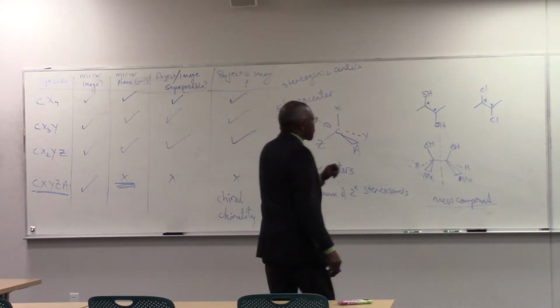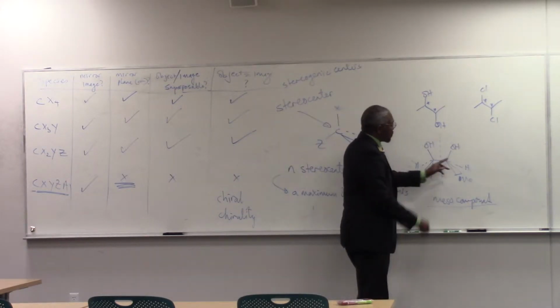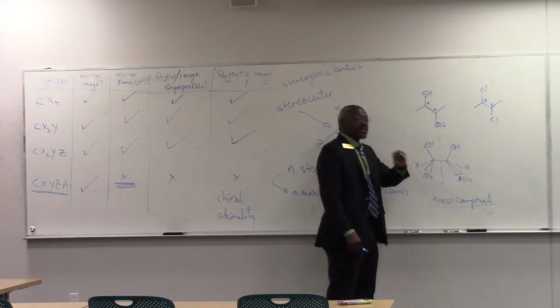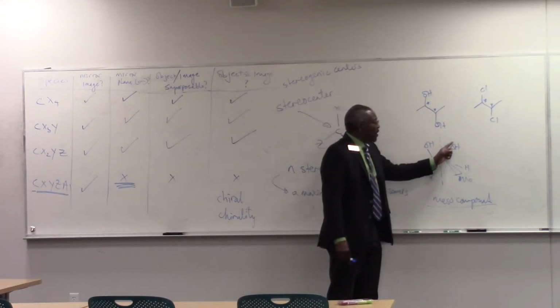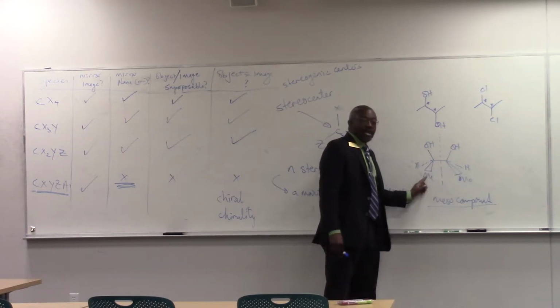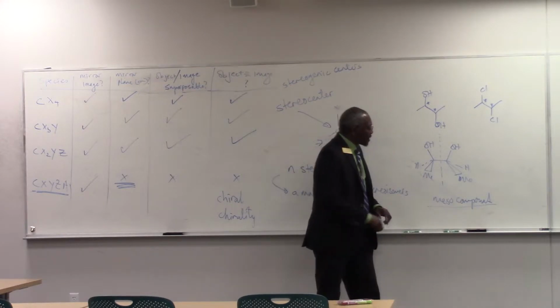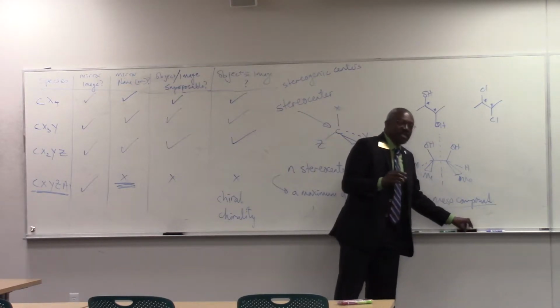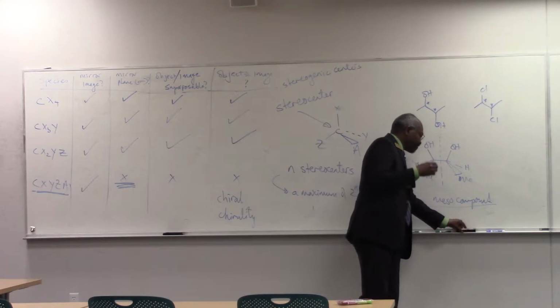And you notice I mentioned that the stereocenters in a meso compound are symmetrically substituted, right? OH, H, and methyl. But there's another feature about stereocenters we need to discuss.